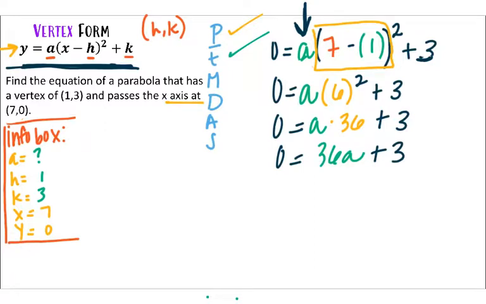And I am continuing to solve this equation to figure out what my A value is. So the next thing that we're going to do is isolate this A by subtracting 3 from both sides.